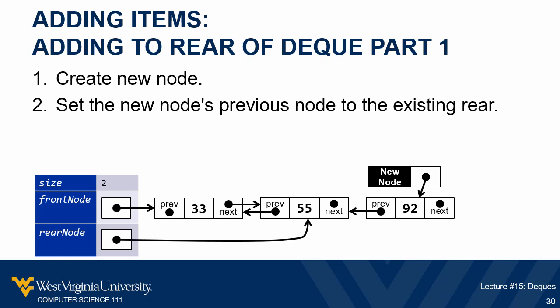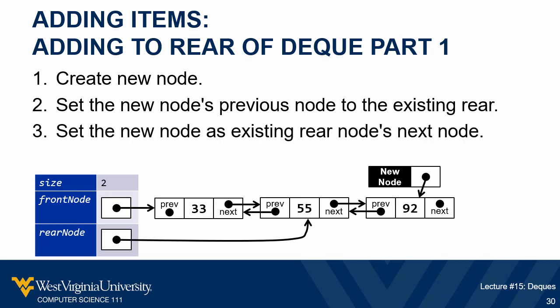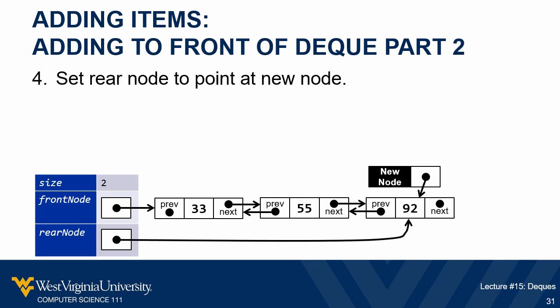Once we've done that, we can go to our existing rear node and update its next link to point at the new node. So we've now attached our new node onto the end of the existing chain. With that in place, we can update the rear node field so that it points at that new node, and then we can increment our size.